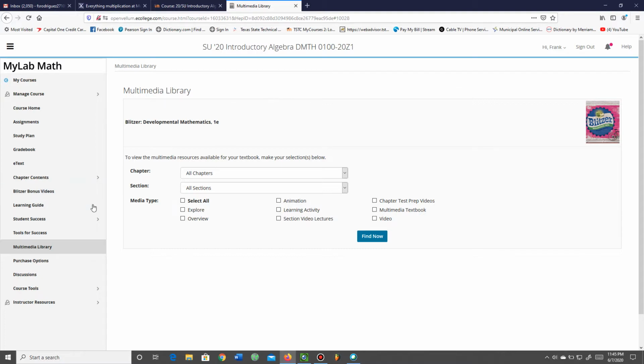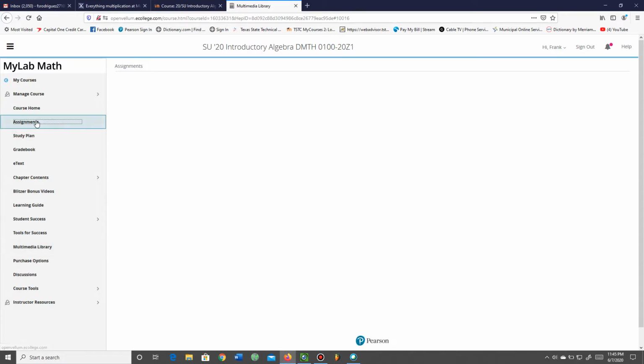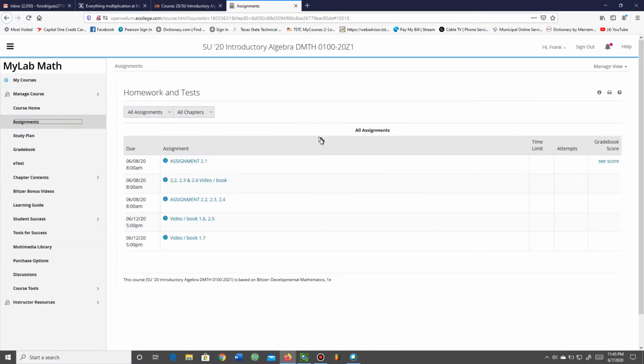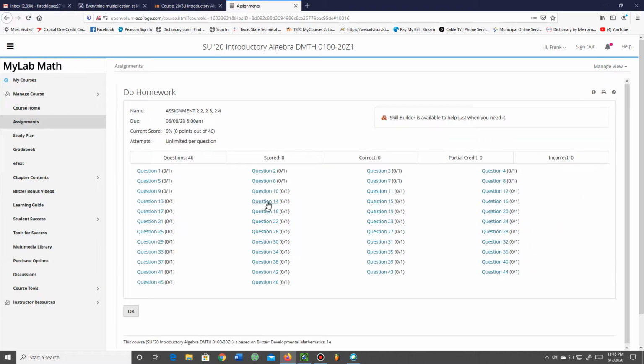I have the assignment set up so that every question is workable by just showing a few examples from the textbook, which is about what I'm about to do in this lesson.